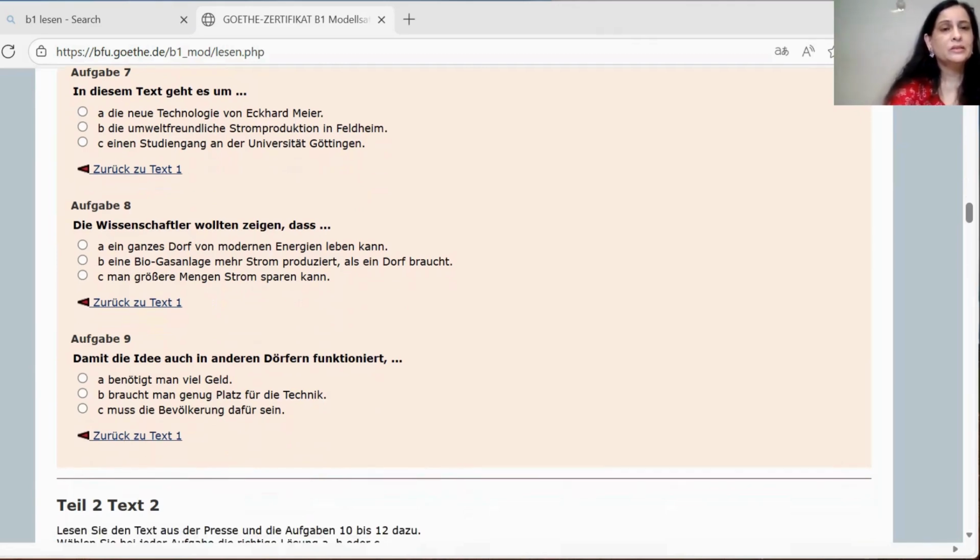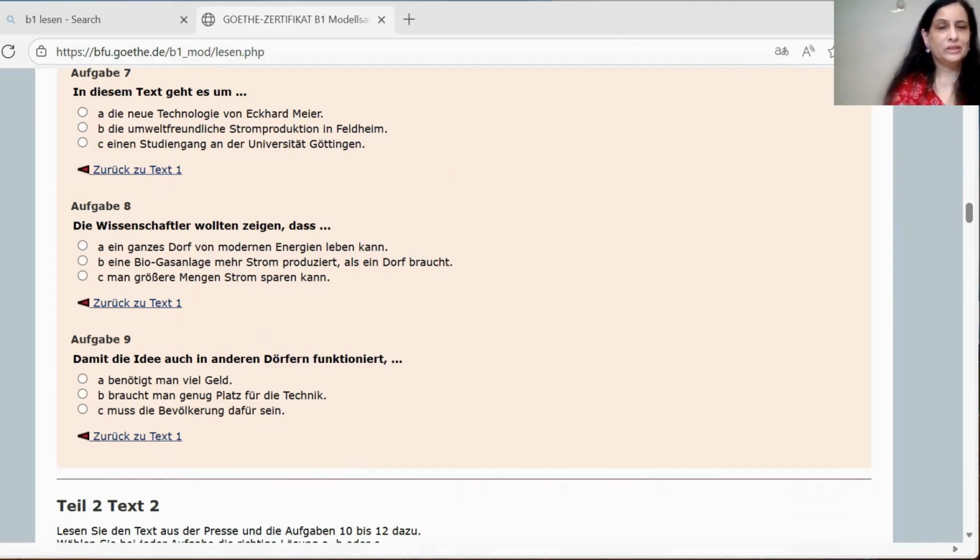And the third one is man größere Mengen Strom sparen kann. Okay. Now here you can mark the first one. That's the full village. The electricity or this energy is sufficient for the entire village. So A is the correct answer.